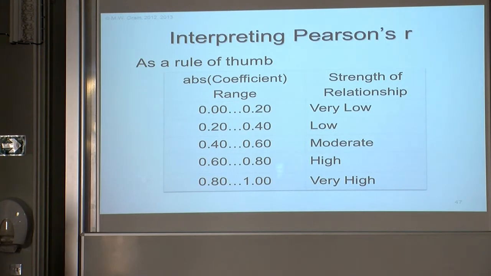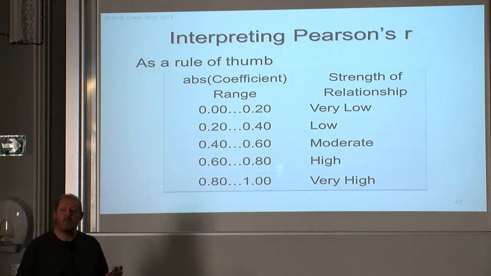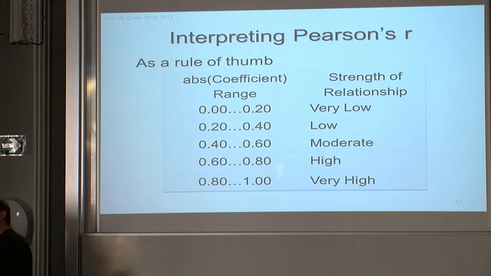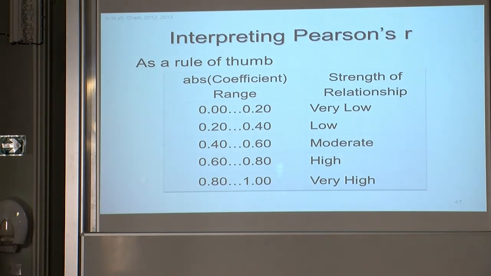I don't actually think that that's very useful because it depends on your expectations. So if I'm doing some modeling of the properties of neuronal responses, I am looking for correlation coefficients above 0.99. Otherwise, I don't think I've captured what's going on.